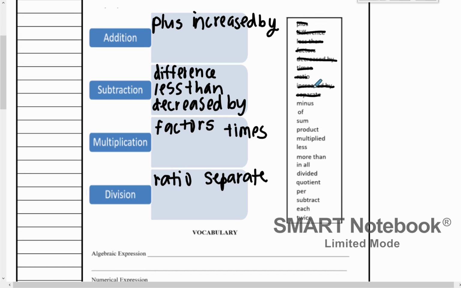Minus is subtraction. Of means multiplication. Sum is the answer to an addition problem. Product is the answer to a multiplication problem. Multiplied would obviously go into multiplication.